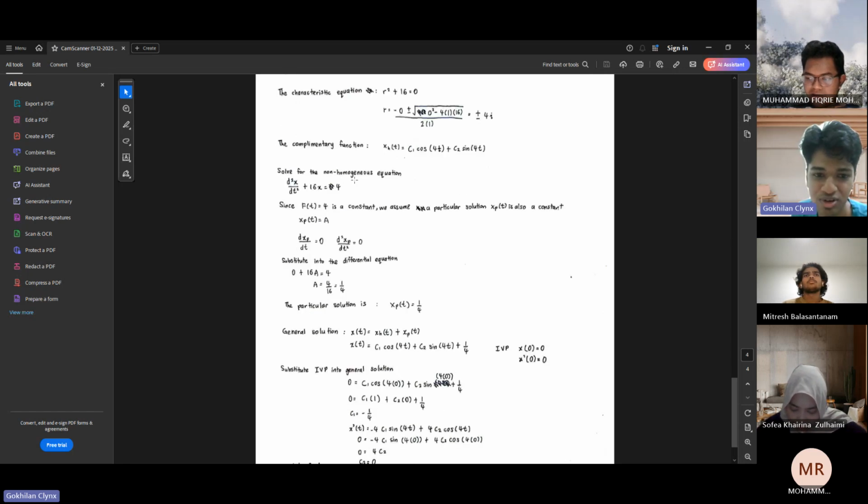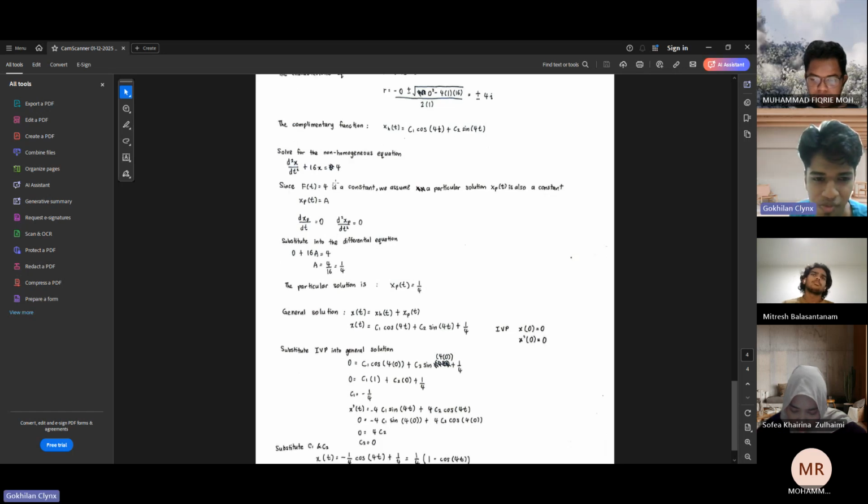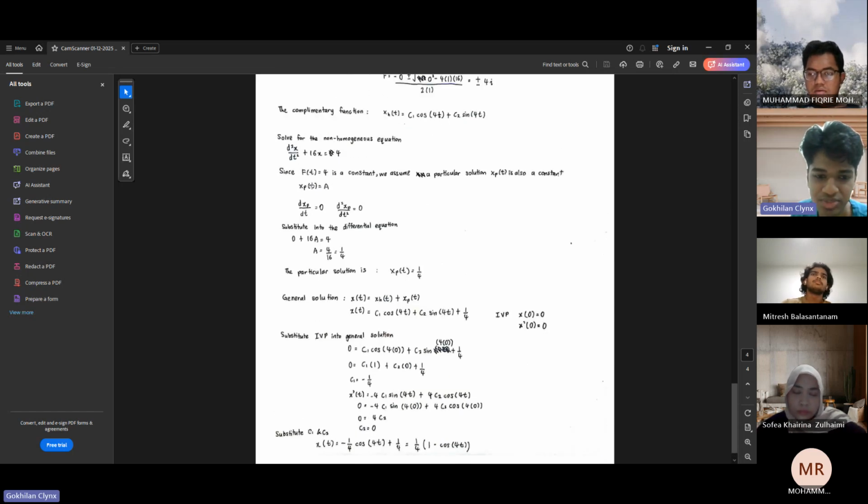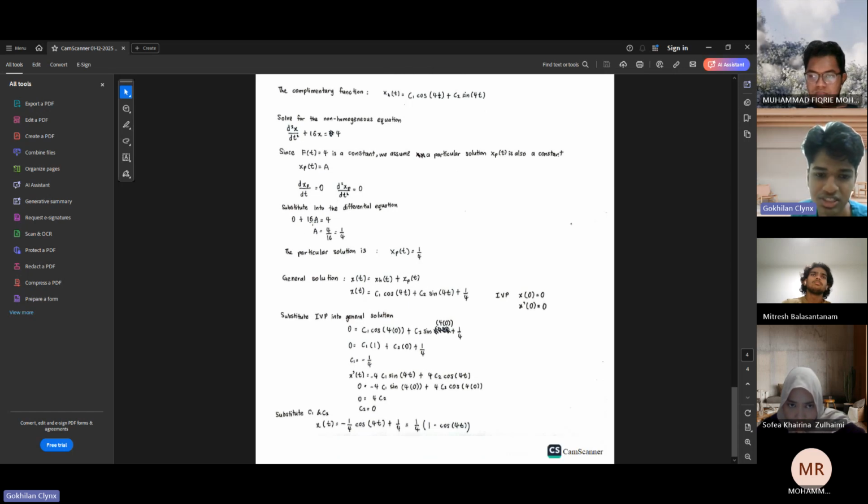And now we solve for the non-homogeneous part. Since f(t) equals 4 is a constant, we assume the solution is also a constant. So we assume that xp equals a. And then we differentiate xp twice, we get 0, and then we substitute back into the equation, 16a equals 4. So a is equal to 1 over 4. So the particular solution is xp equals 1 over 4.